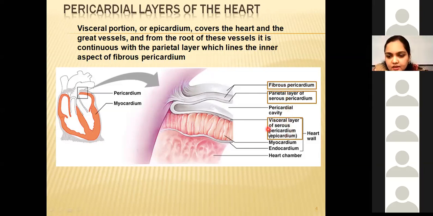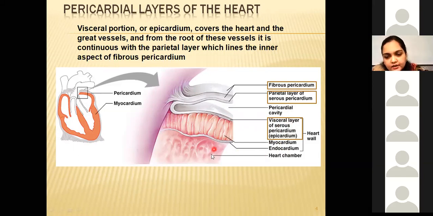This visceral layer of the serous pericardium, also termed epicardium, is made up of mesothelial cells, and it forms the outermost layer of the heart wall. The heart wall consists of three main layers: epicardium, myocardium and the endocardium.